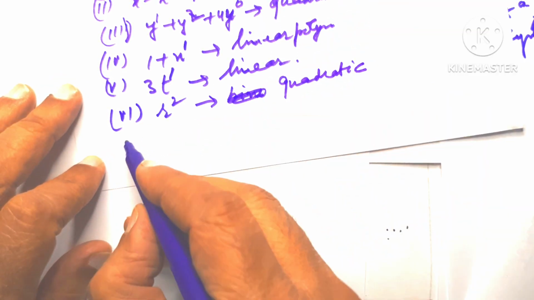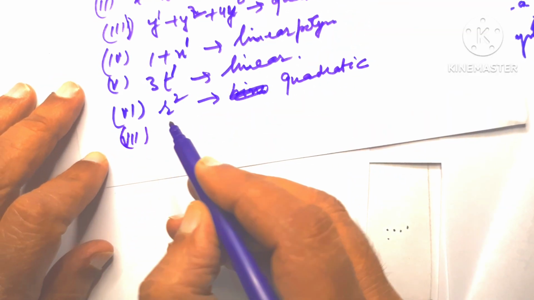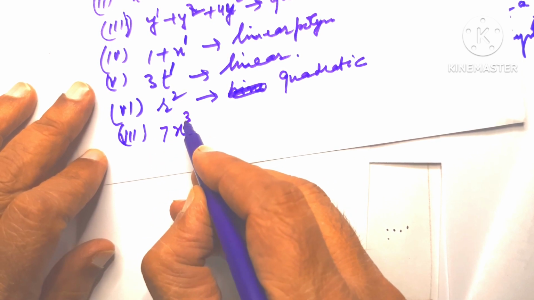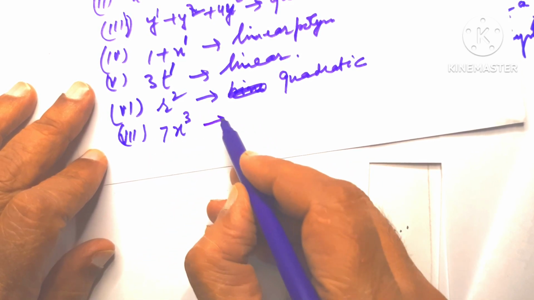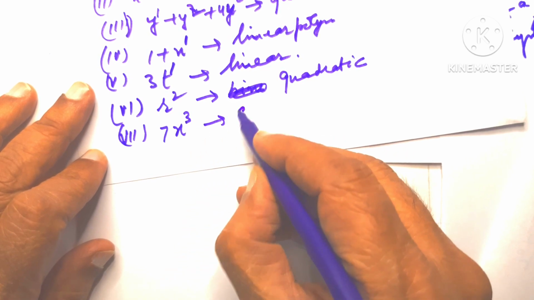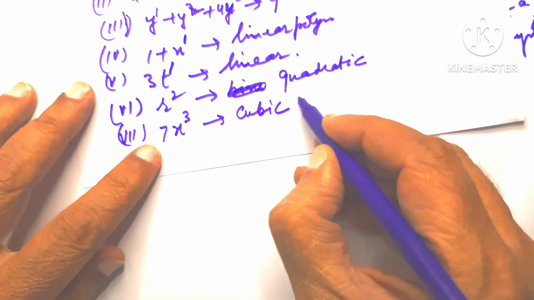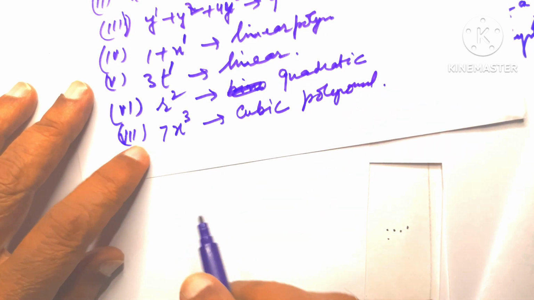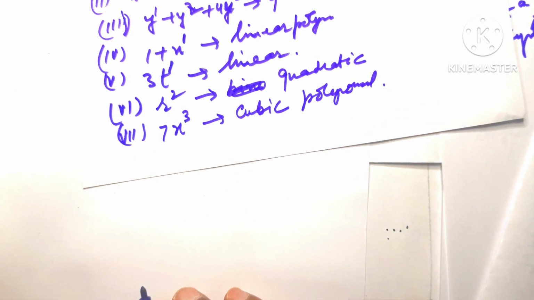And the seventh part is 7x to the power 3. So the maximum power is 3, therefore it is a cubic polynomial. So this is all about this exercise.